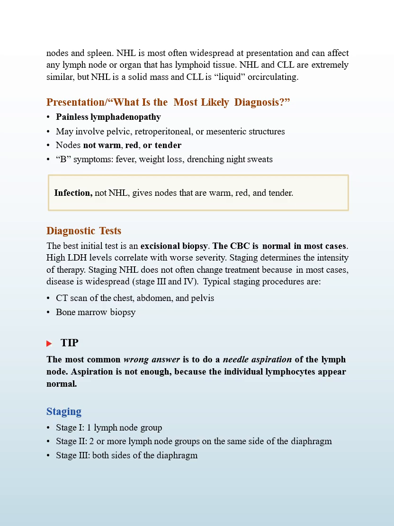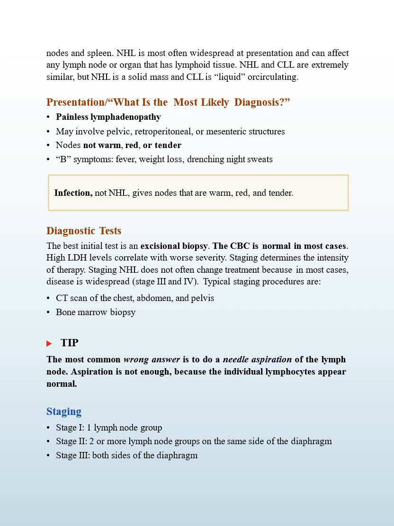It is a proliferation of lymphocytes in the lymph nodes and spleen. This is most often widespread at presentation and can affect any lymph node or organ which has lymphoid tissue.